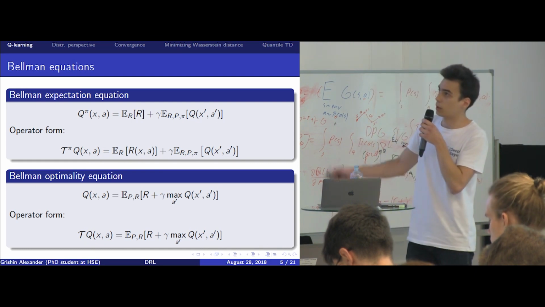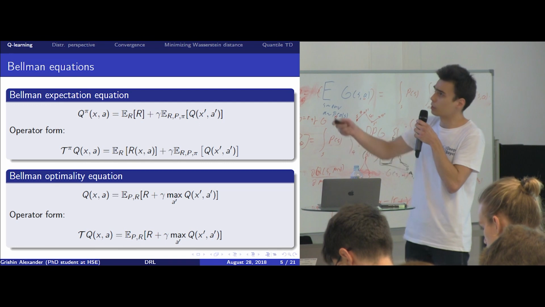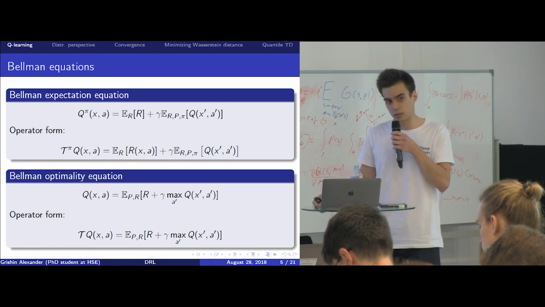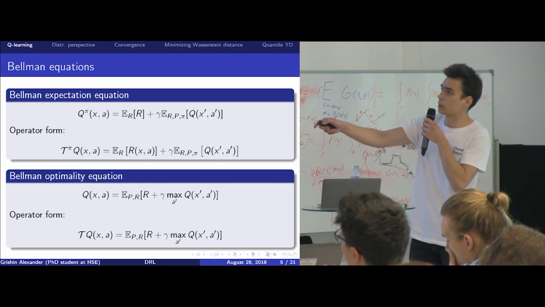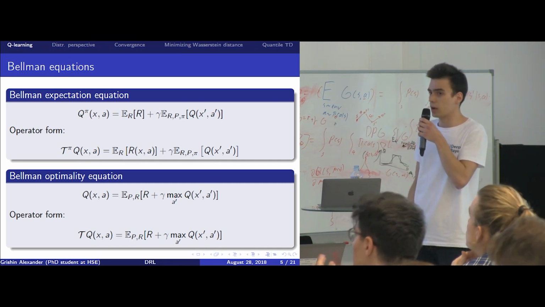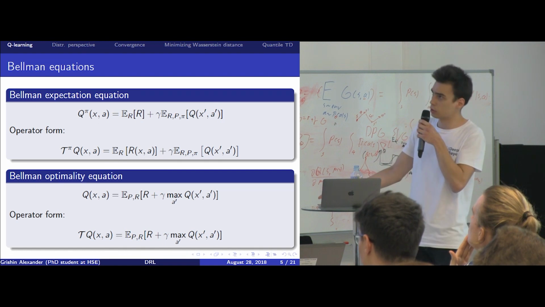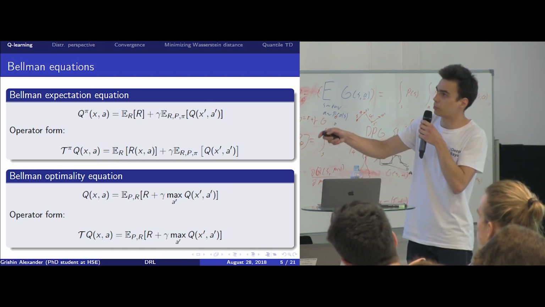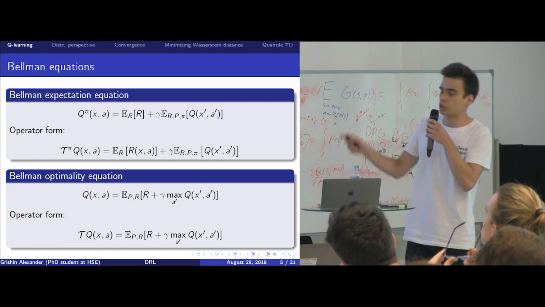Okay, so in reinforcement learning, the Bellman expectation equation is used to evaluate the policy. Repeatedly applying this operator eventually converges to the state-action value function Q corresponding to policy pi.